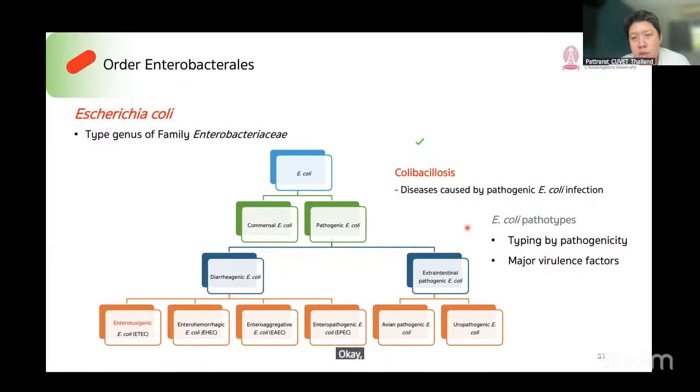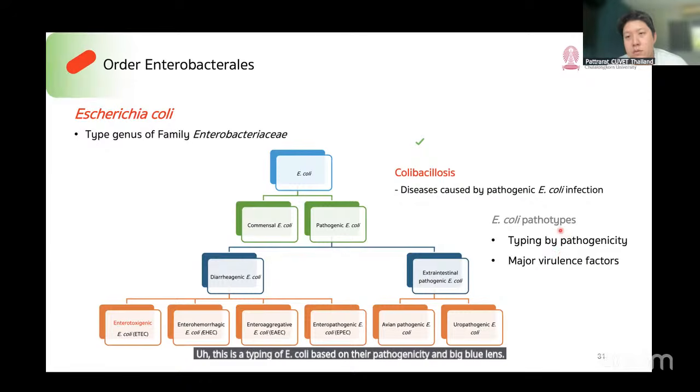We need to remember the word pathotypes, or pathotyping. This is a typing of E. coli based on their pathogenicity and virulence. Pathotyping is a classification of E. coli based on pathogenicity and the major virulence factors.